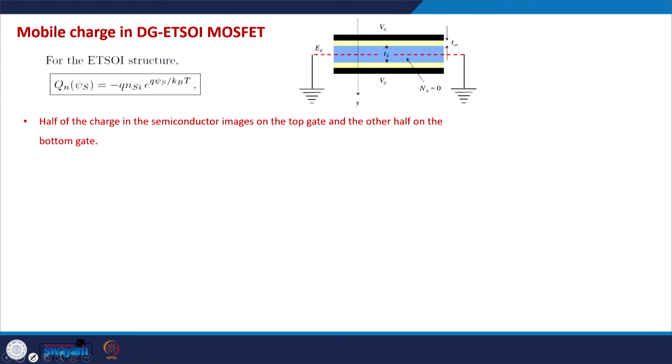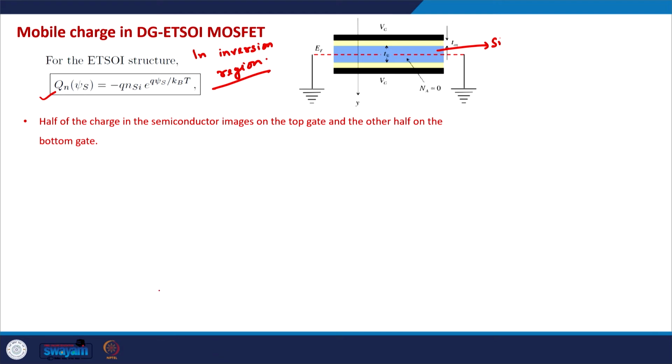Now, what is the mobile charge in the DG-ETSOI MOSFET? The total charge in the semiconductor is just the mobile charge, and if we assume the inversion region, which means we have applied a positive potential and so an N type channel has been formed in the silicon, this has been inverted and has become N type.